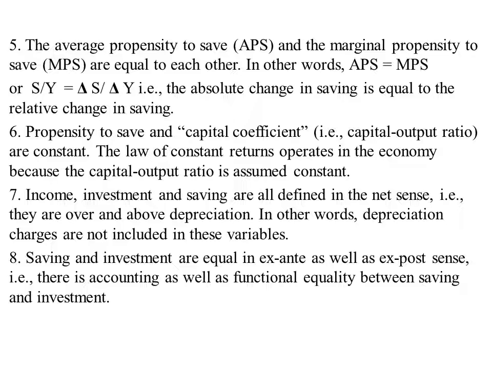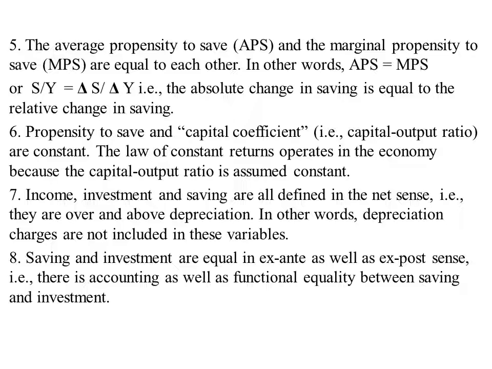The fifth assumption is that the average propensity to save, APS, and the marginal propensity to save, MPS, are equal to each other. APS means S by Y, savings by income.